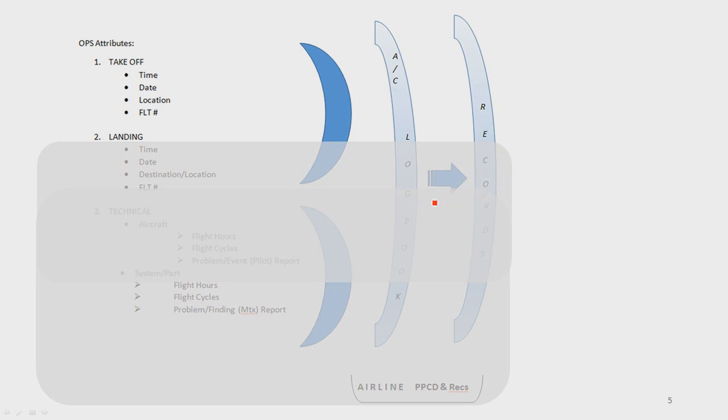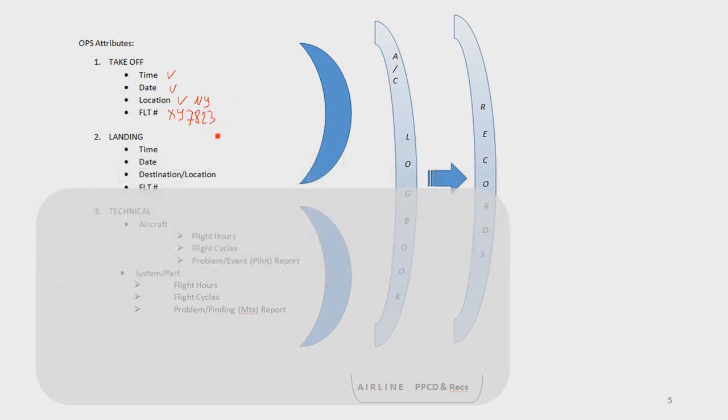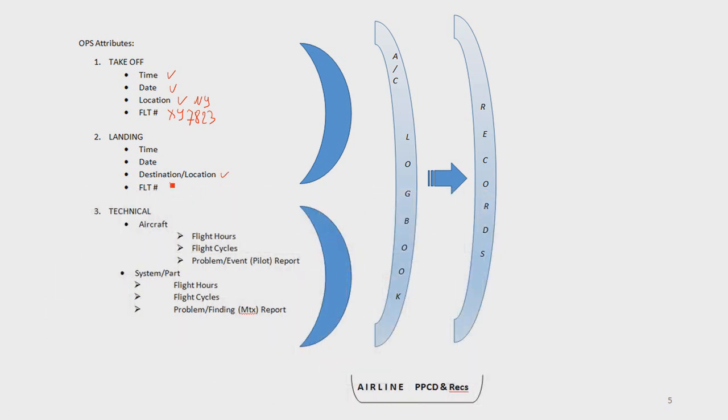So we need information about takeoff: time, date, location, in our case New York, and flight number, let's say XY7823, for example. Landing, the same thing applies: the time, landing date, destination location, flight number.